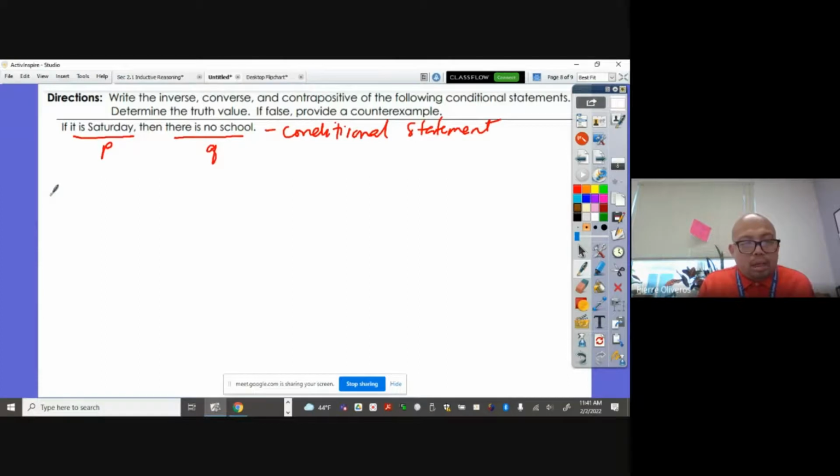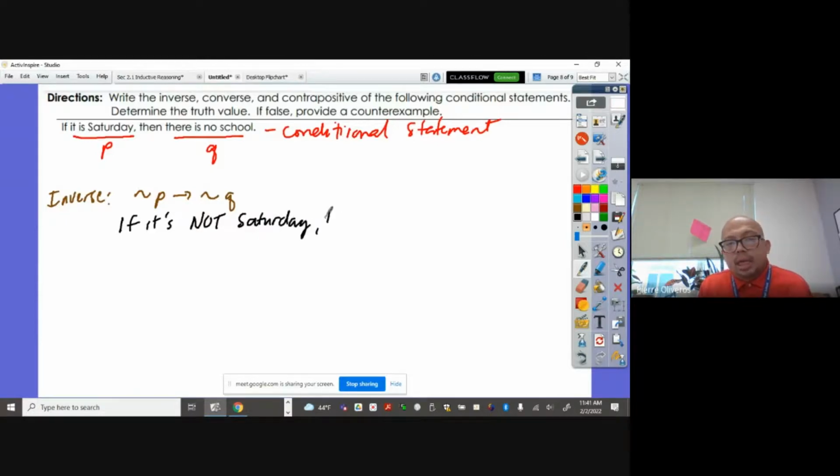If I would like to write the inverse, again, the notation is not P implies not Q. That means you make not P: if it is not Saturday, then, negating the conclusion, there is school.